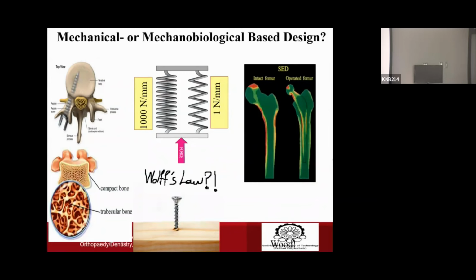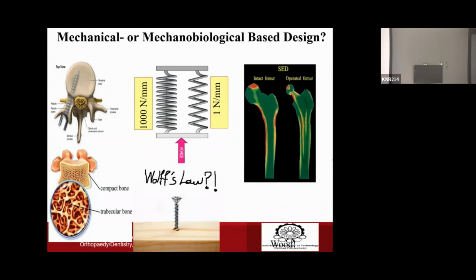In order to make good sense of this in your mind, of course, we are not concerned about a screw in a piece of wood, that's okay. Let's consider this prosthesis as a spring, and this one as my spongy or cortical bone, arranged in a parallel manner. You apply load.